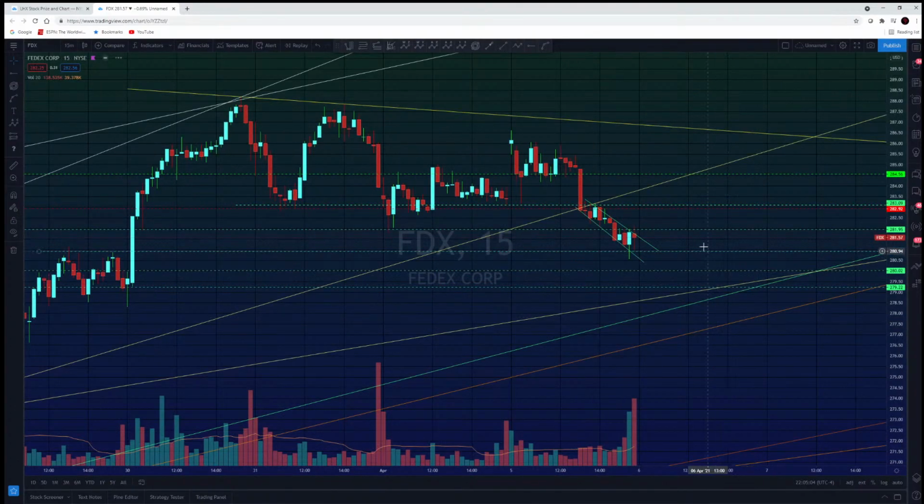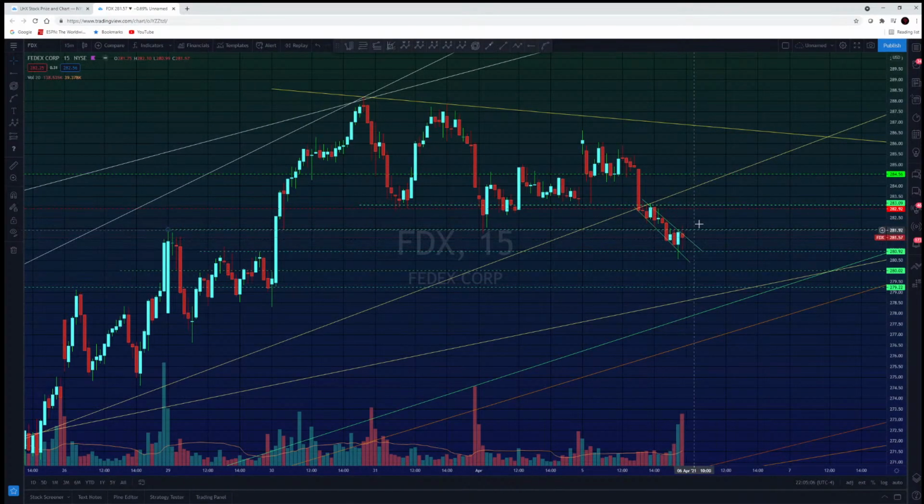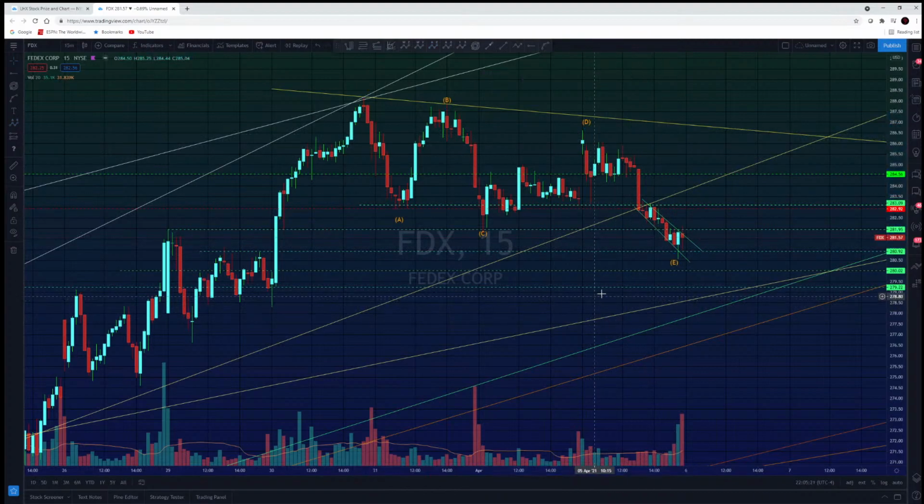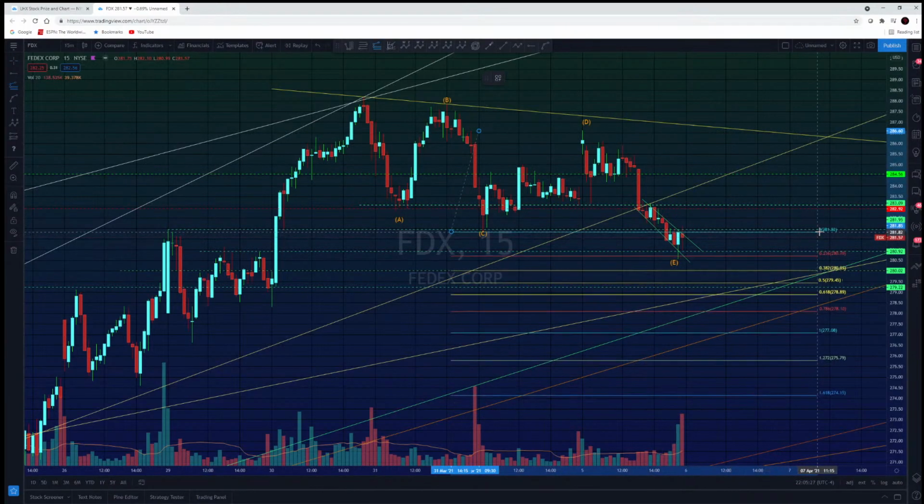So if it opens at 282.50 and does a V reversal, this could be very bullish tomorrow. So what I'm looking at possibly here is a full 5-wave correction. So 1, 2, 3, 4, 5 right there. And that would make the most sense. So if that is the case, this should be maybe a 2.36 extension from there. And it looks like it's a 2.36 extension.